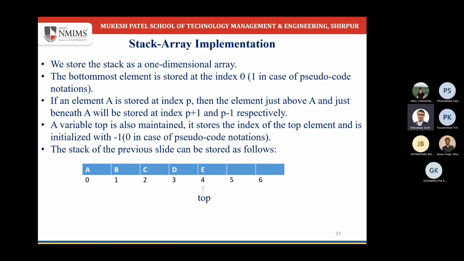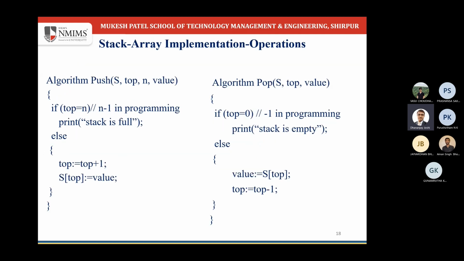So we need to initialize top with -1, and the value of top being -1 will represent that the stack is empty. Okay. So we will talk about insertion and deletion operations in case of an array. The insertion operation is also called the push operation, and the deletion operation is also called the pop operation.